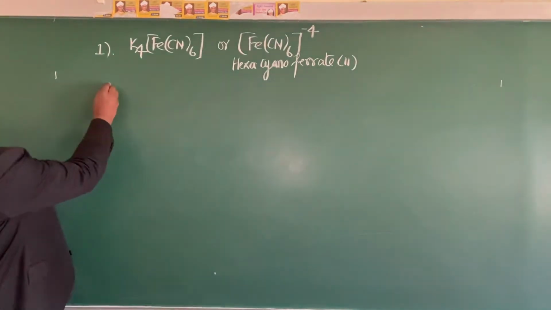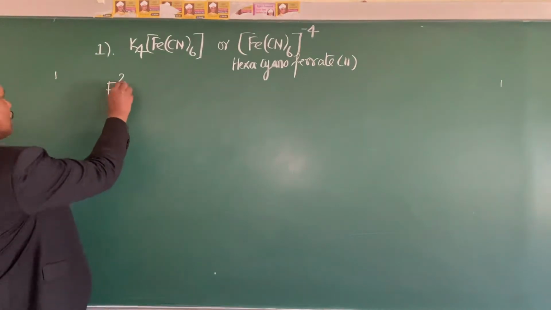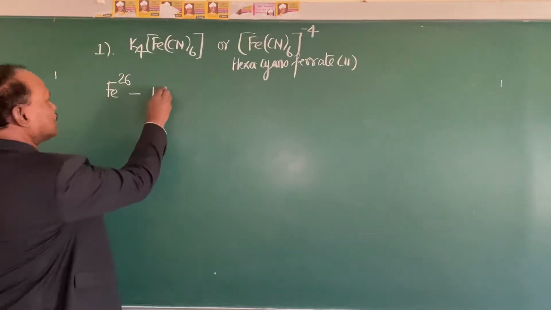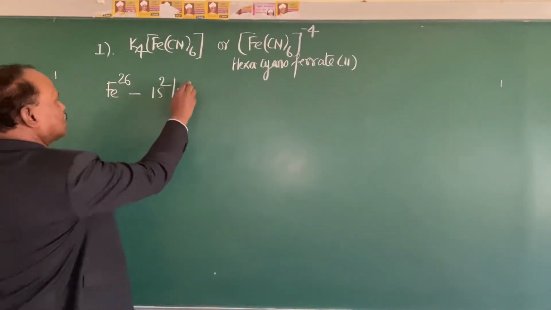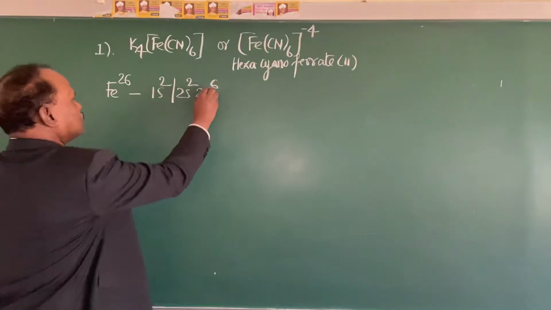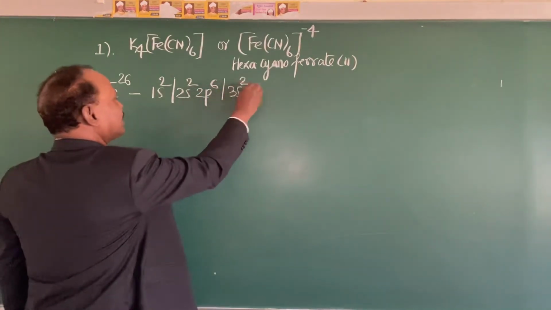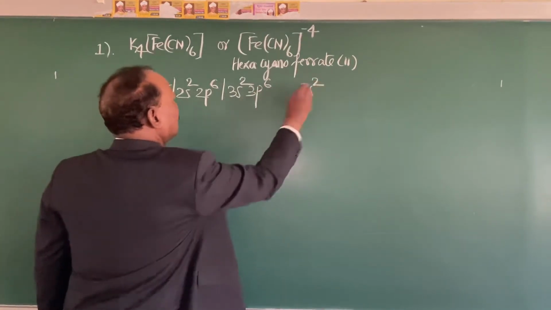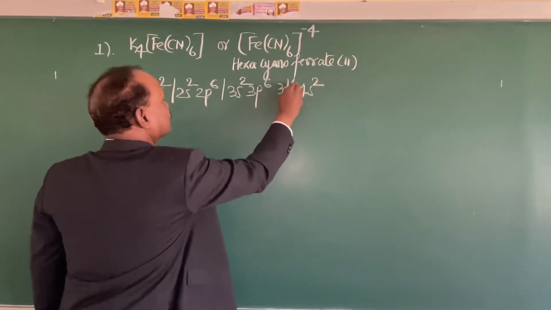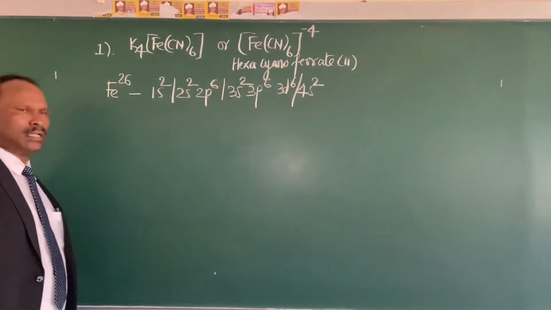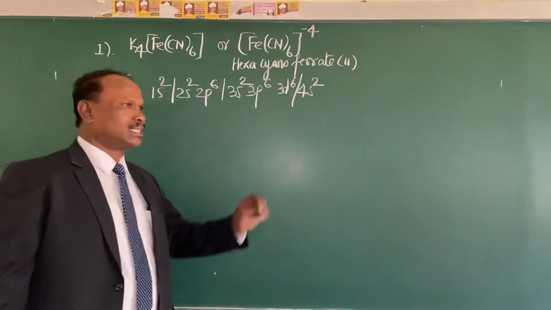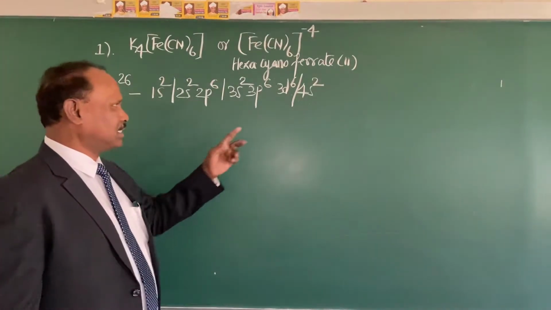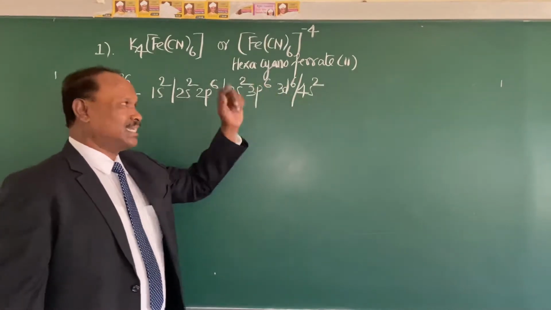Now you know very well the atomic number of iron is 26 and its electronic configuration is 1s2, 2s2, 2p6, 3s2, 3p6, 4s2 and 3d6. So the outermost electronic configuration of this iron (26) is 4s2, 3d6.